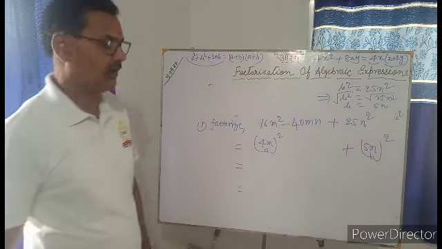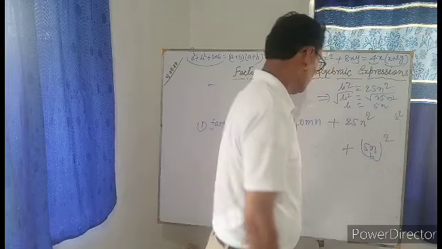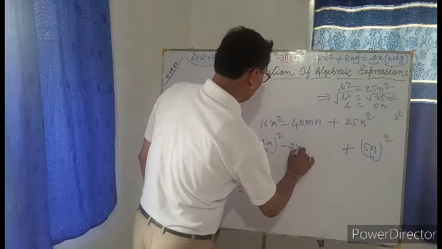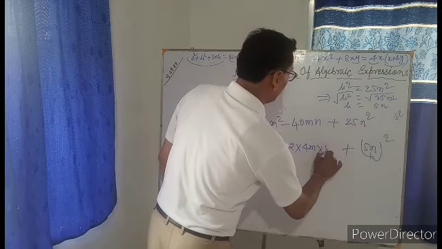a और b हमको मिल गया. What is a? It is 4m. And what is b? It is 5n. तो फिर minus बीच वाला term क्या हो जाएगा, minus 2 into a, 4m, into b, 5n.